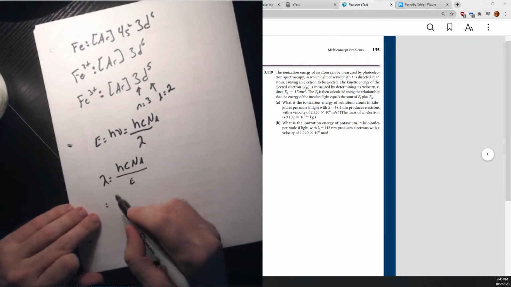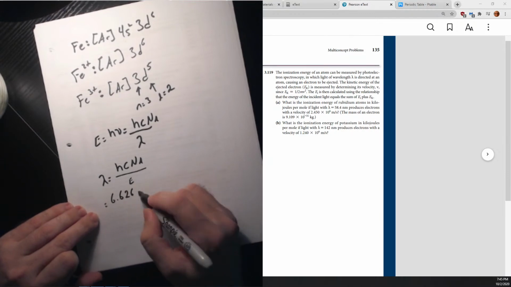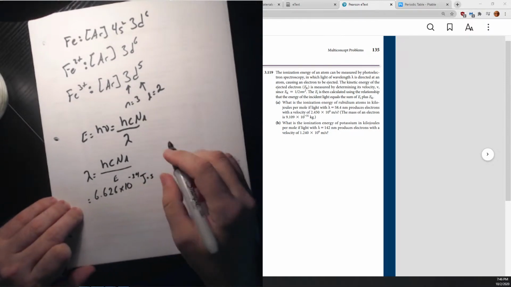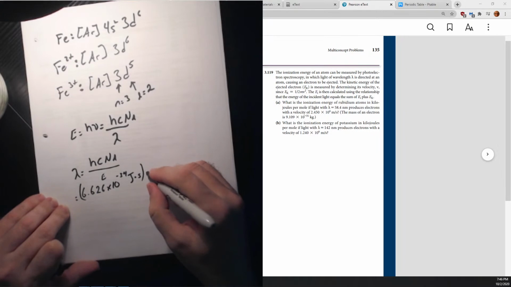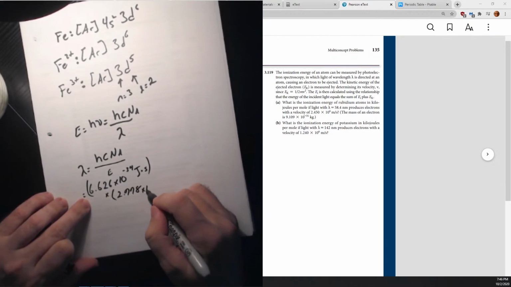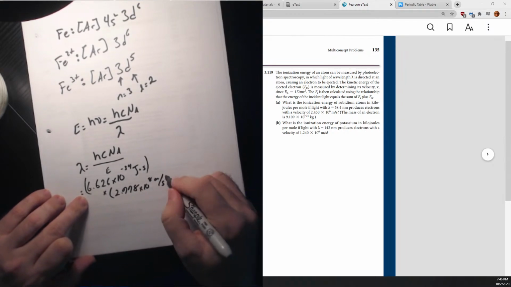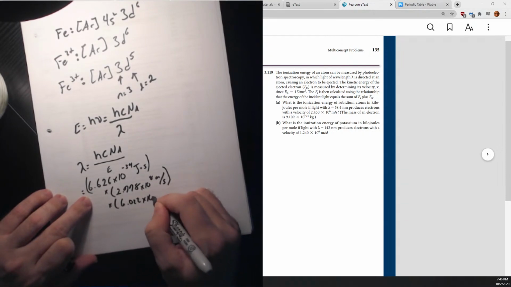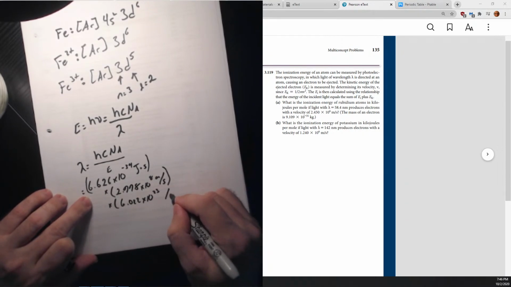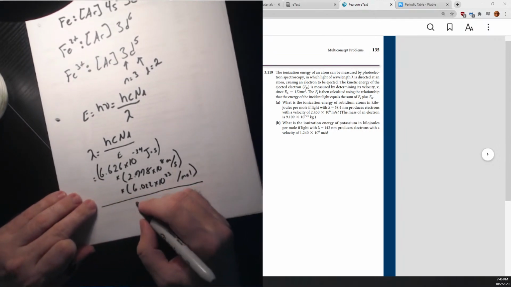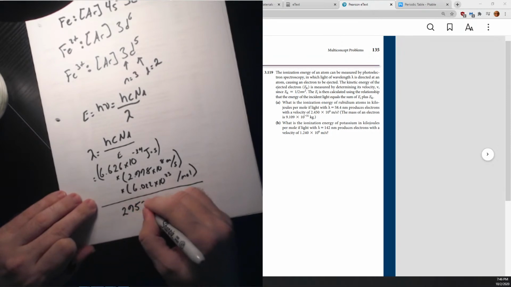So the wavelength, we'll calculate it: 6.626 times 10 to the negative 34, I'm blanking, I think it's 34, joule seconds, times 2.998 times 10 to the 8th meters per second, times 6.022 times 10 to the 23rd per mole, all divided by 2,952.